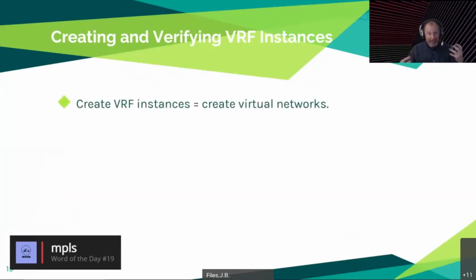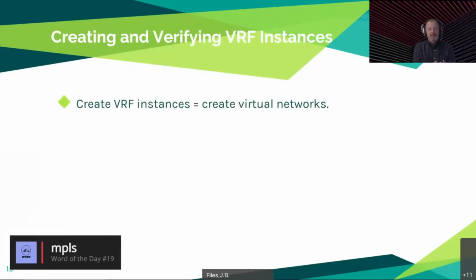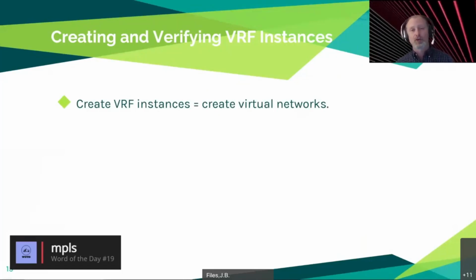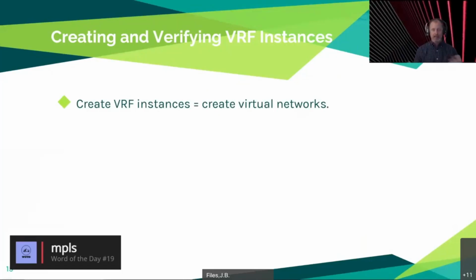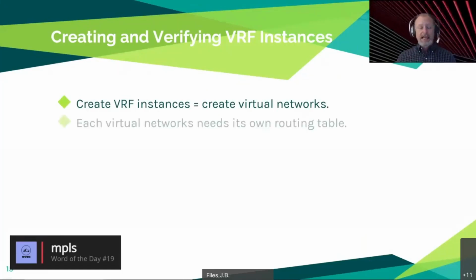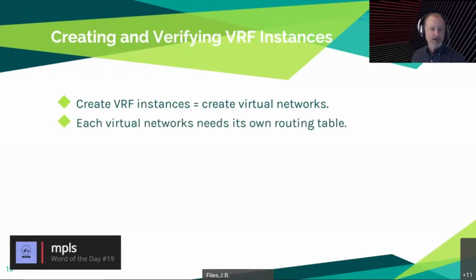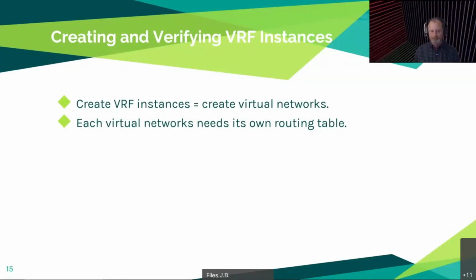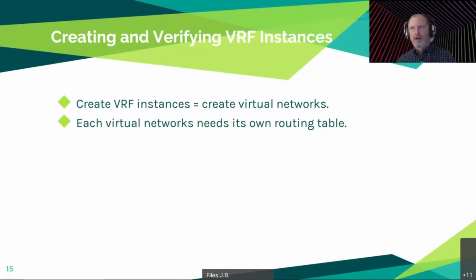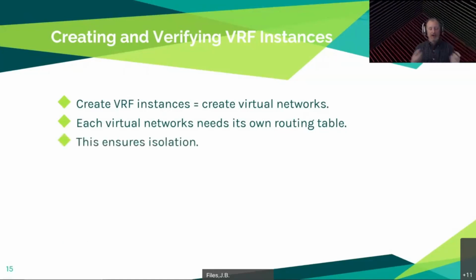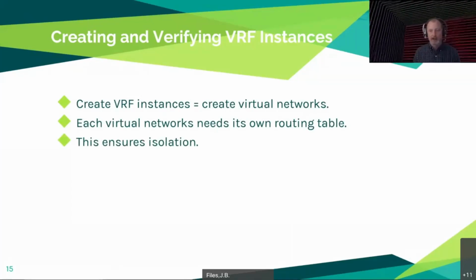So, by creating these VRF instances, we're essentially creating virtual networks, a network within a physical network. Each of these virtual networks has its own routing table, and thereby comes our isolation. They can't interact.